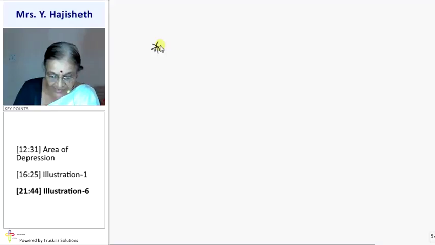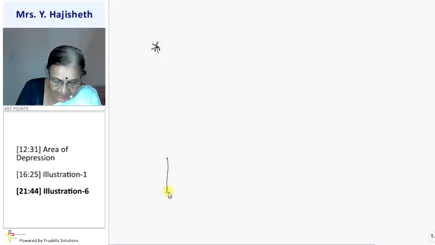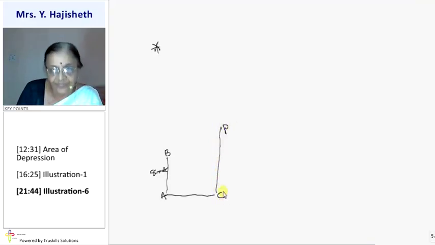One building is AB, okay? One building is AB and it is of height 8 meter, okay? And there is another multi-storied building that I call it as PC, suppose. PC is a multi-storied building, okay?